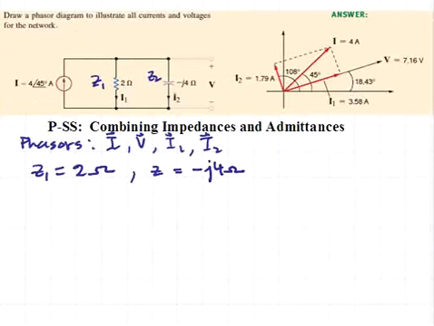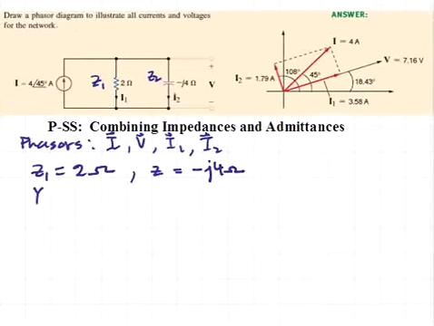Since these two impedances are in parallel, we will convert them to admittances in order to simply add the admittances to determine the effect of the two elements in parallel.